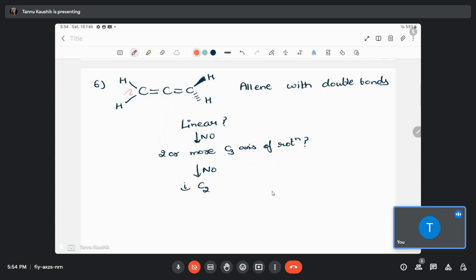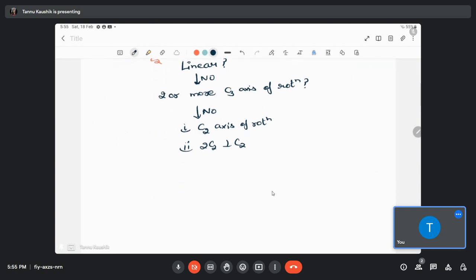So we have one C2 axis of rotation like this, then this C2 axis of rotation, one perpendicular to the other. Sorry, we have principal axis of rotation C2 and two C2 axis of rotation perpendicular to this principal C2 axis of rotation.